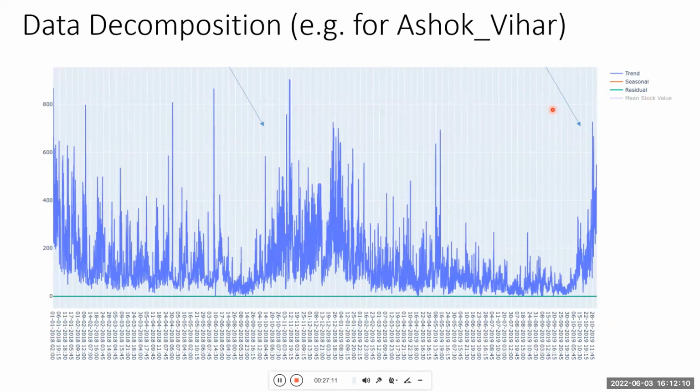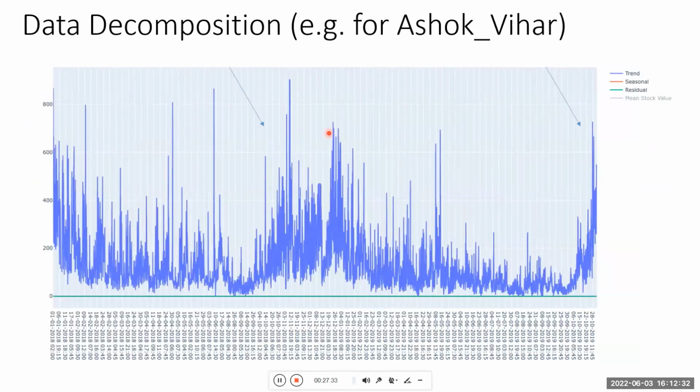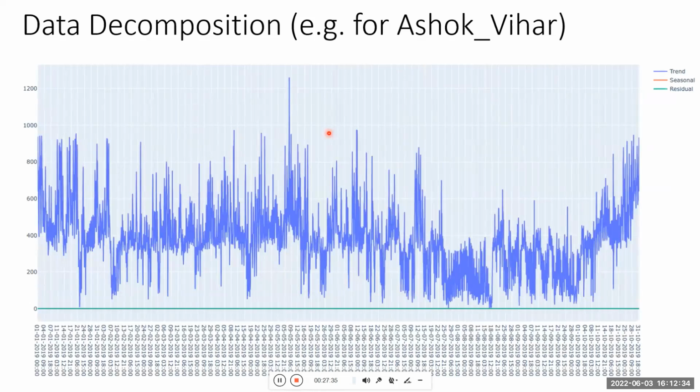But I have pointed out two places, because if you divide these pointers and enlarge them again, you can easily find the trend, seasonality, and residual. This is a similar plot in parallel to this plot, where I am just zooming inside.